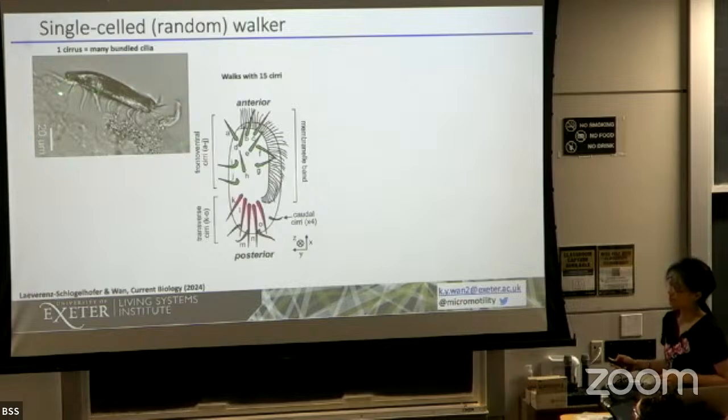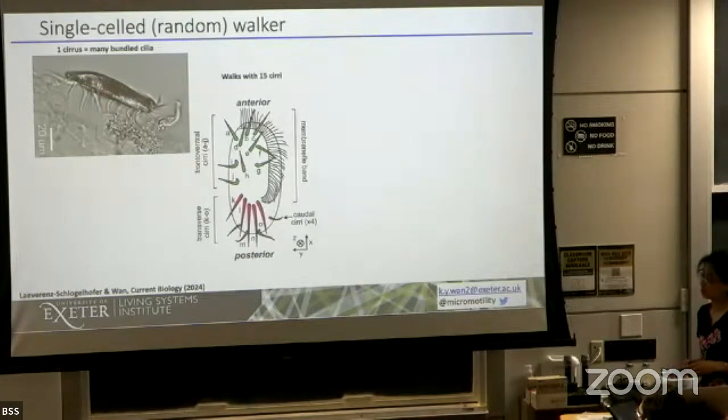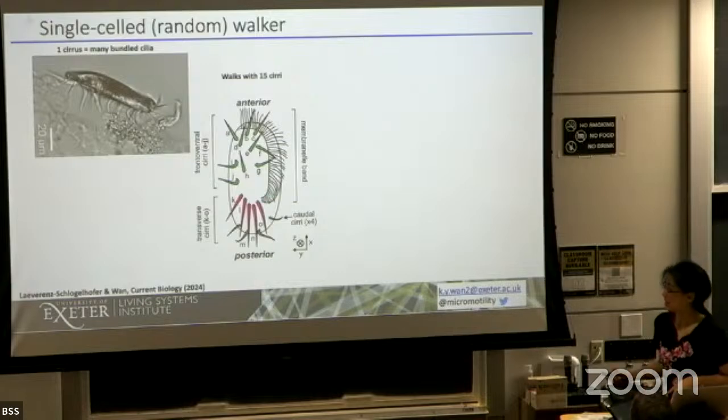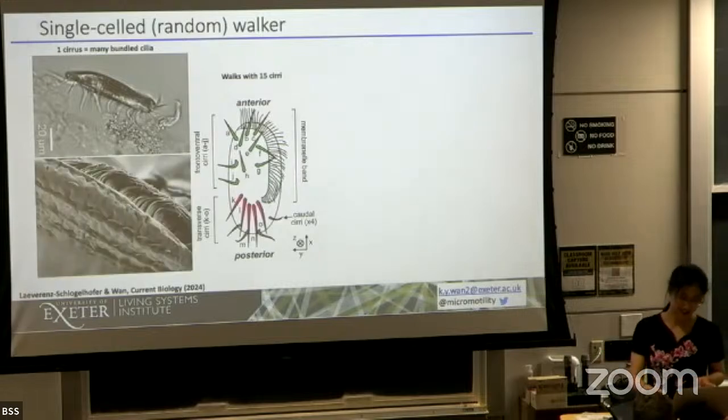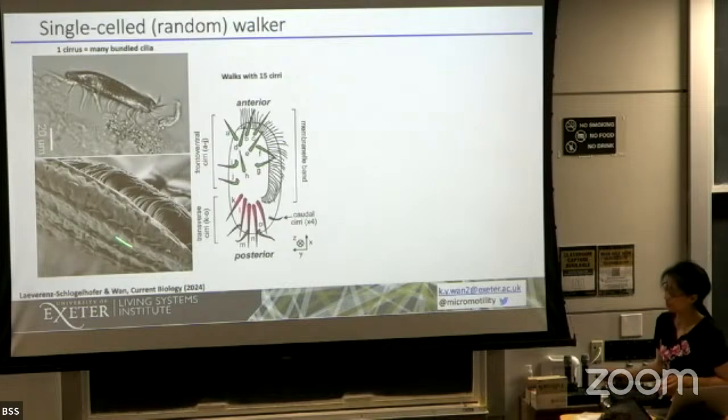You see that it rests sometimes on debris with its many appendages. So from the side or from the bottom, it has precisely 15 of these appendages called cirri, and more cilia that are used for feeding. So it has many cilia, and it has many different types of cilia as well.